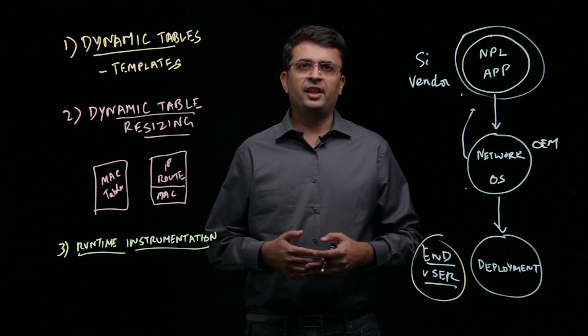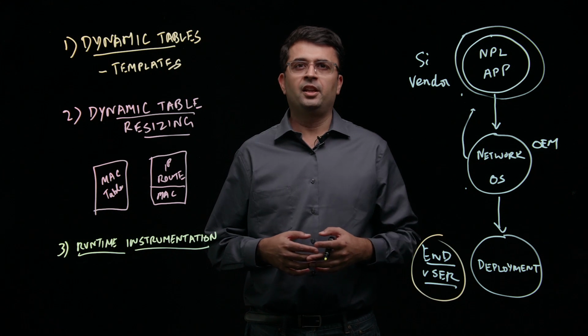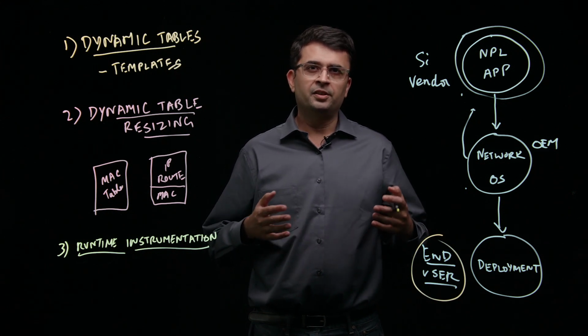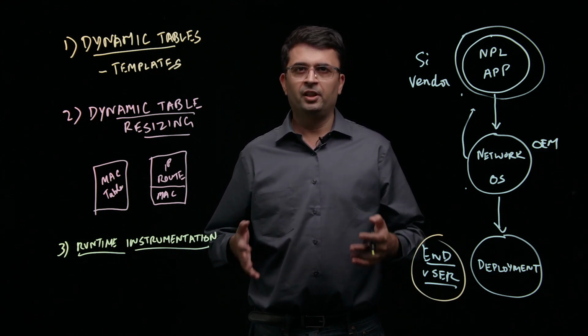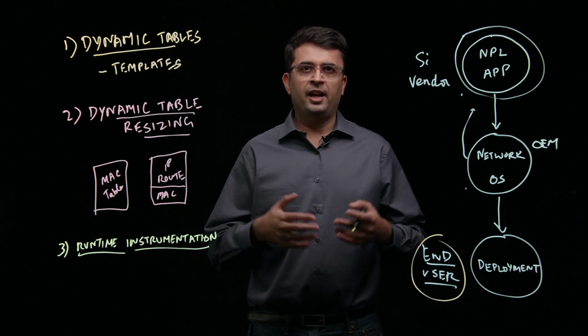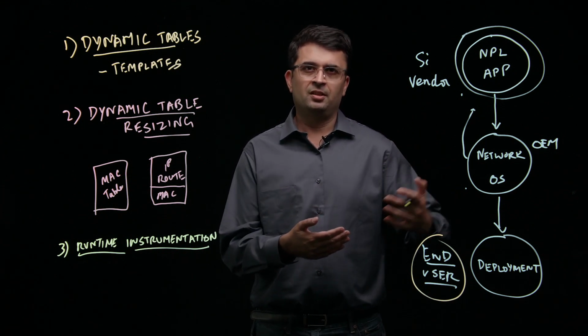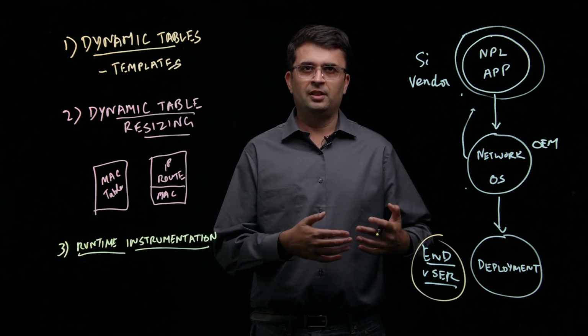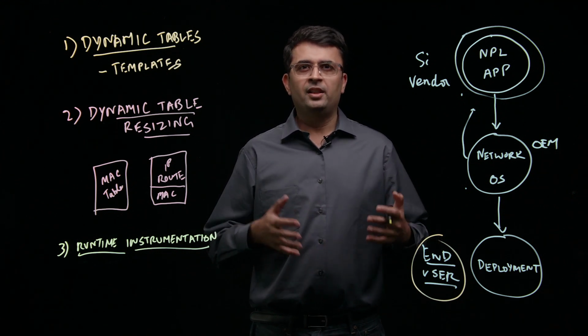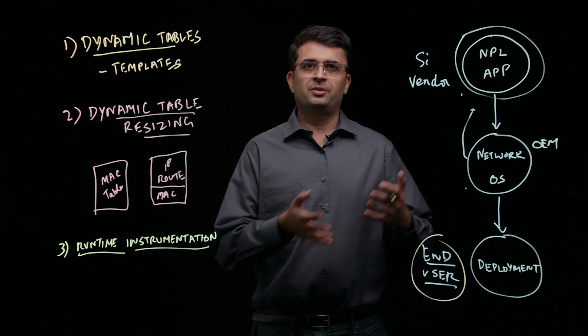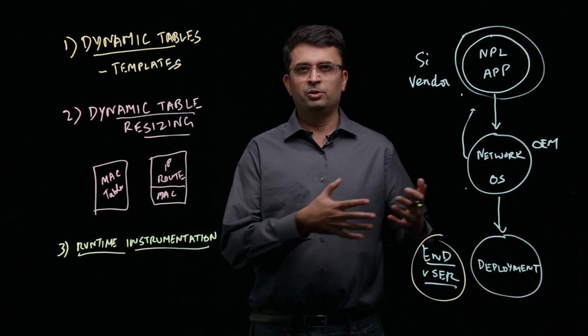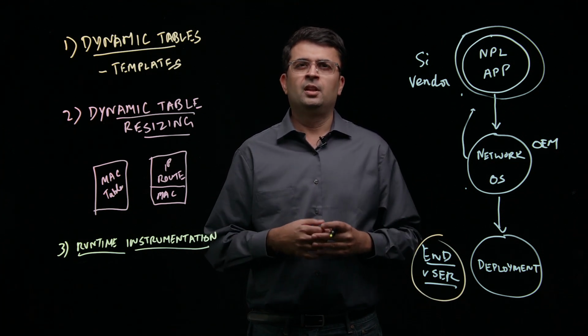And perhaps more than any other feature, this is an area where end users really need the ability to configure and fine-tune the kind of information that's collected, the triggers under which information collection happens, the way the information is packaged and exported from the device to their collection framework.